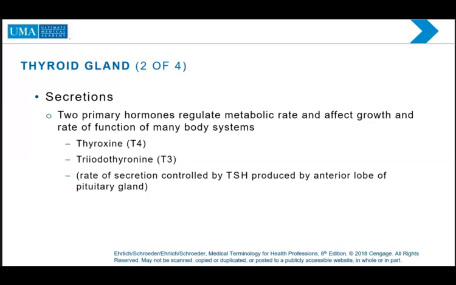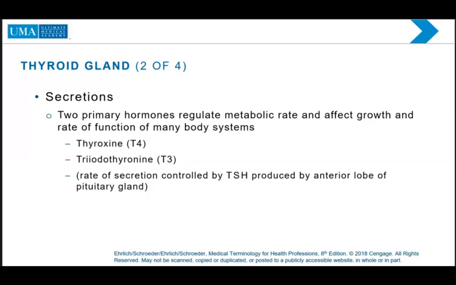Secretions from your thyroid gland: you have two primary hormones to help regulate metabolic rate and affect growth and rate of function of many body systems. Thyroxine is one of the secretions, abbreviated T4.